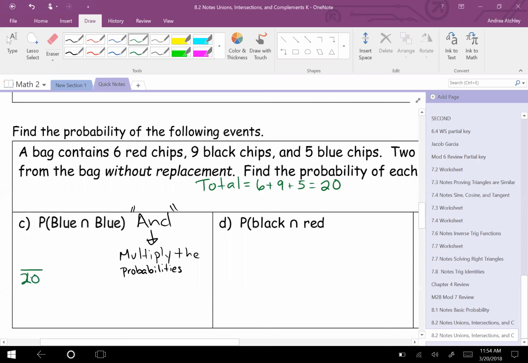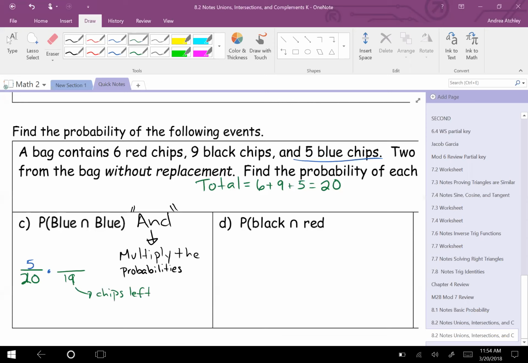And then how many are blue? 5 are blue. Then we're going to multiply it. Okay, so I've picked that chip. I've put it aside. Now how many chips are left in my bag? Now I have 19.